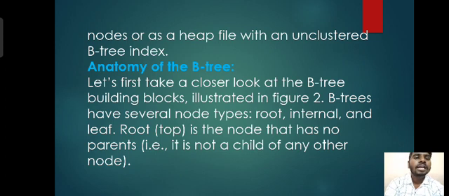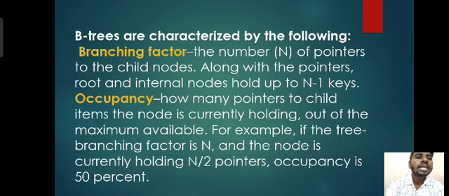Anatomy of the B-tree. Let's first take a closer look at the B-tree building blocks illustrated in figure 2. B-trees have several node types: root, internal, and leaf. Root is the node that has no parent, that is not a child of any other node. B-trees are characterized by the following: branching factor, the number n of pointers to the child nodes; along with the pointers, root and internal nodes hold up to n minus 1 keys.